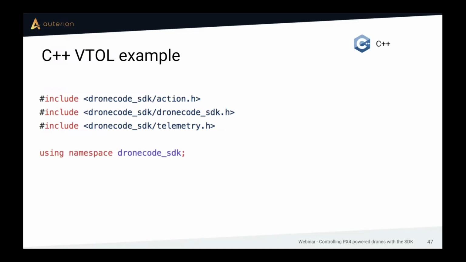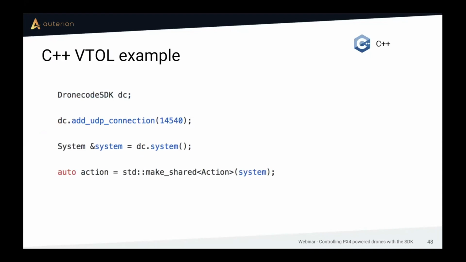So let's look at this step by step. As usual in C++, we include the headers of the library, and then we want to be using the namespace of the drone code SDK. So then we just instantiate the SDK, and we add a UDP connection.